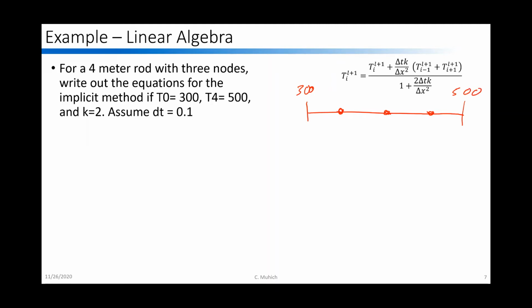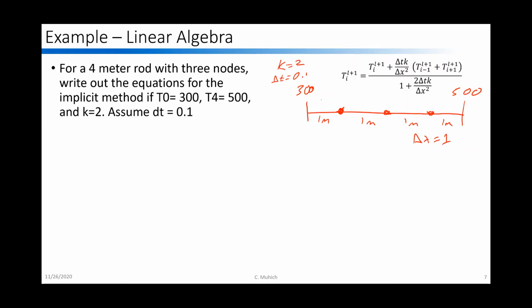And we're going to solve this given that k equals 2, and we'll take a time step of 0.1. So since we have 3 nodes, and we have 4 meters, this is 1 meter, 1 meter, 1 meter, 1 meter. So delta x equals 1.